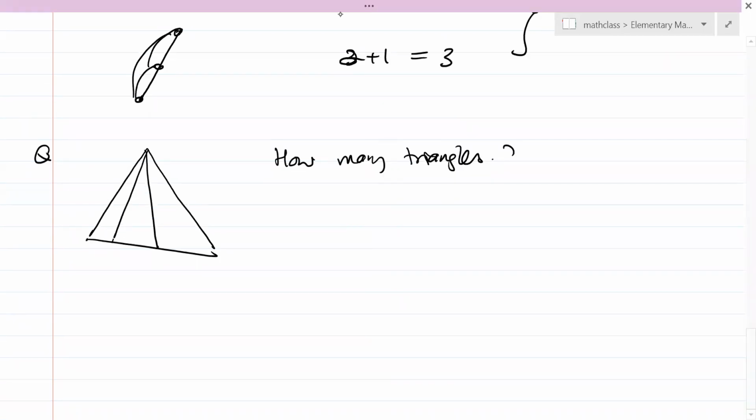Let me show you a picture. The triangle could be this one. This could be one of the triangles. Can you count? You got 6. You also got 6. How about this girl? Again, 6.